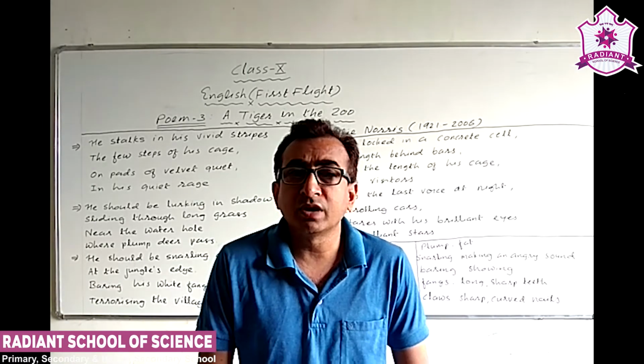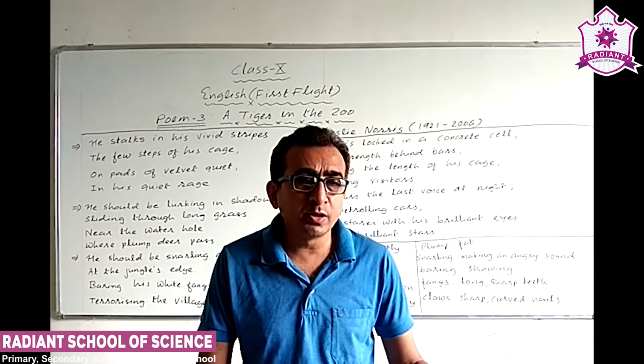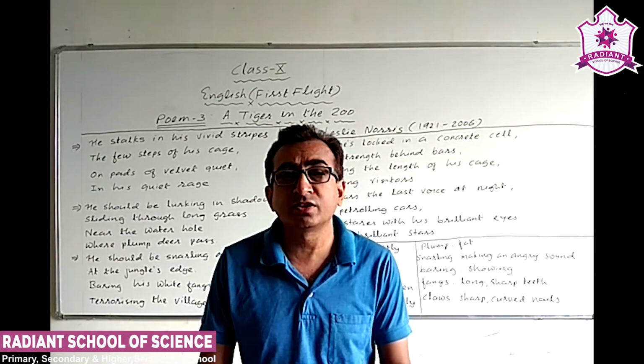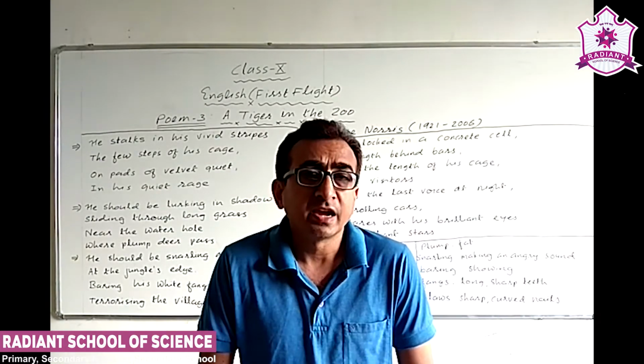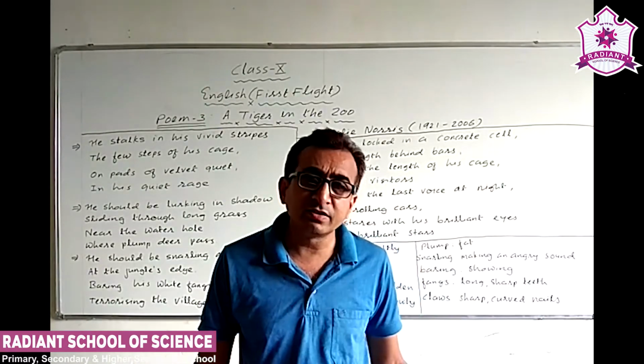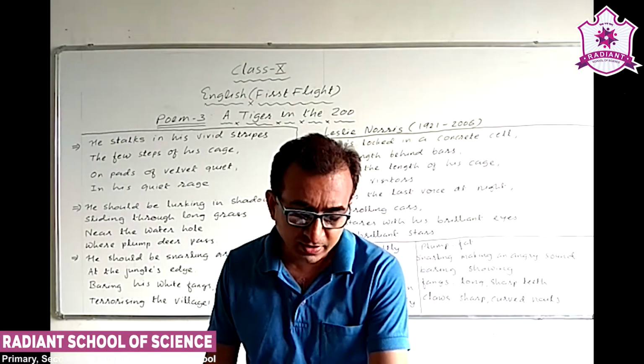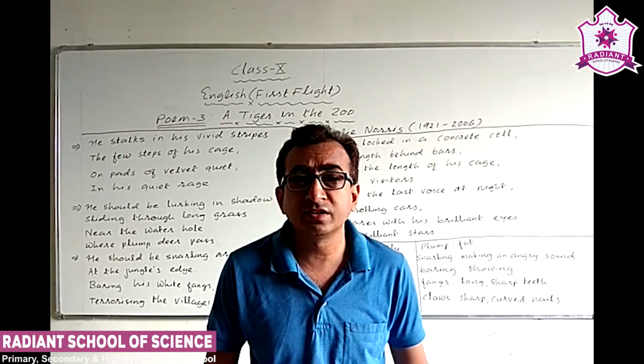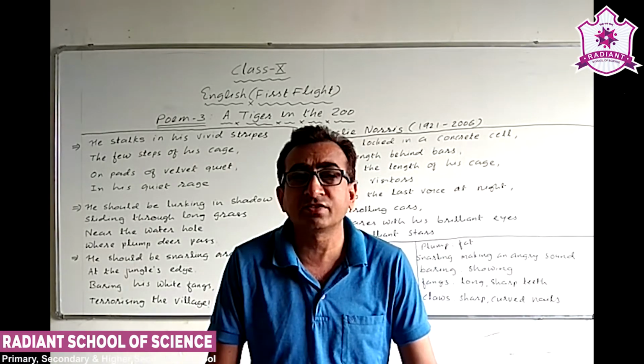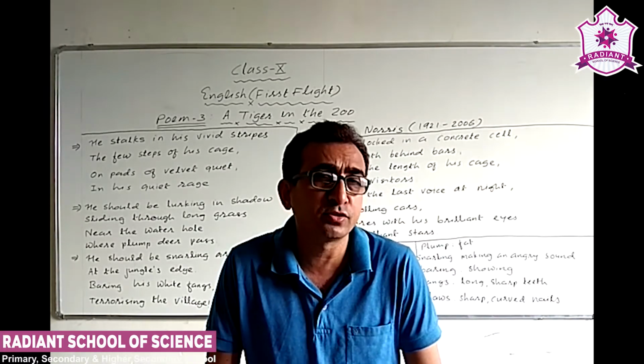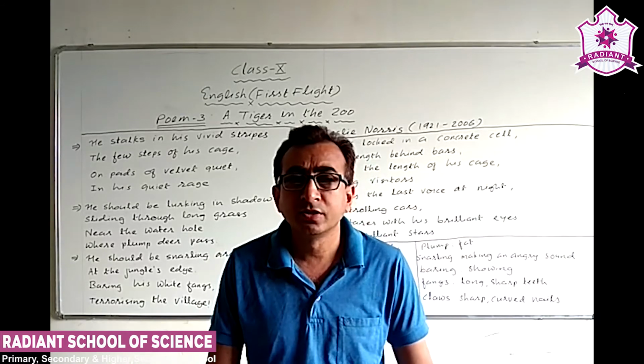Because the world right now has been facing a great deal of disturbance in the life chain. Over the last few years, we have seen plenty of cases of extinction of certain species of animals and birds.